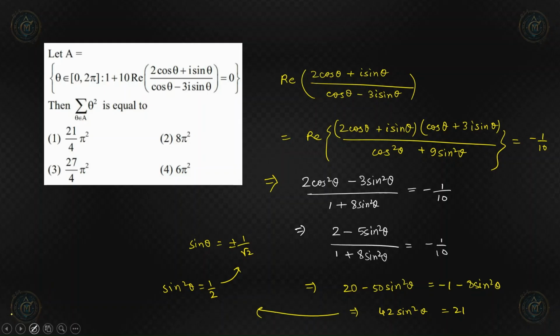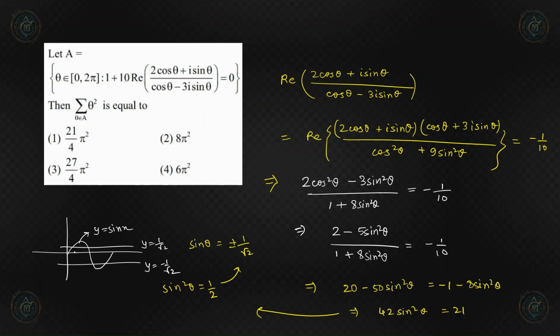So what will be the solutions? We can see by the graph that there will be 4 solutions. Okay, this is the line y equal to 1 by root 2, this is the line y equal to minus 1 by root 2, and this is the graph of y equal to sine x. So there are 4 solutions. This solution is pi by 4, okay, pi by 4. This solution is 3 pi by 4.